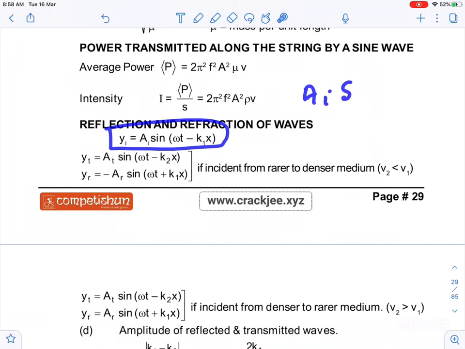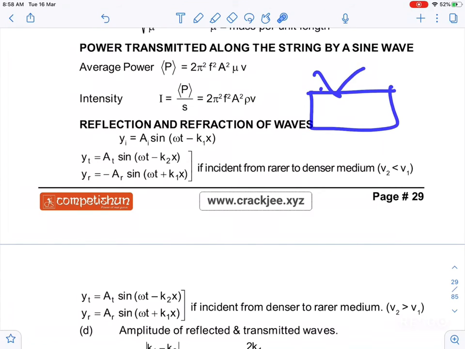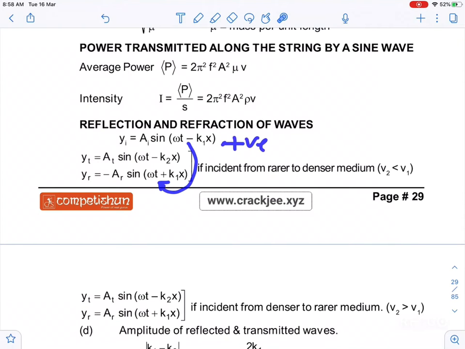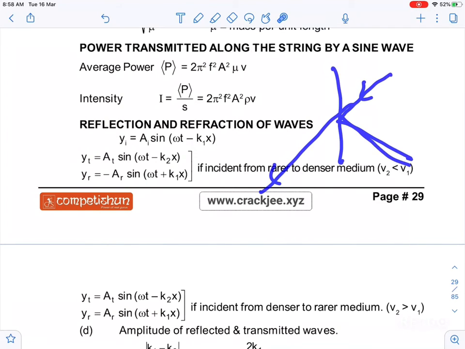Suppose this is the incident wave, a sine omega t minus k1x. Reflection is just in the opposite direction. So if the incident wave is coming in positive x direction, the reflected wave will go in negative x direction. Suppose the wave is coming like this, and suppose they are going like this.